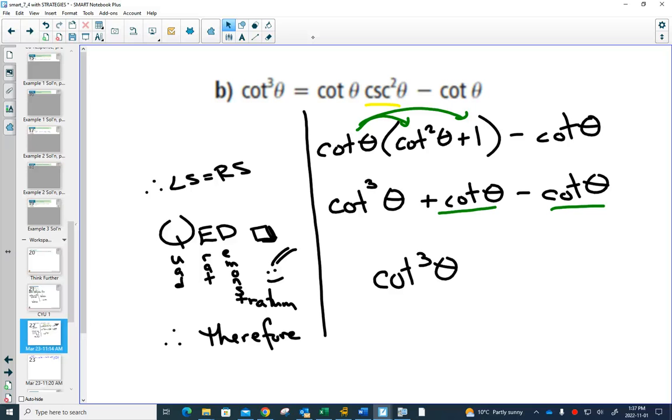You know how I said changing cosecant squared to cotangent squared plus 1 is one step. Distributing this would be another step. And then simplifying these would be another step.